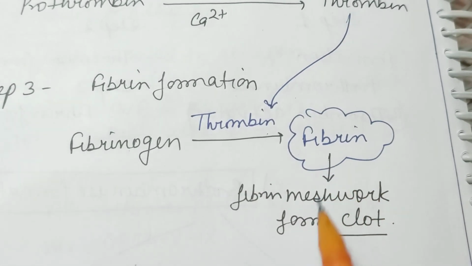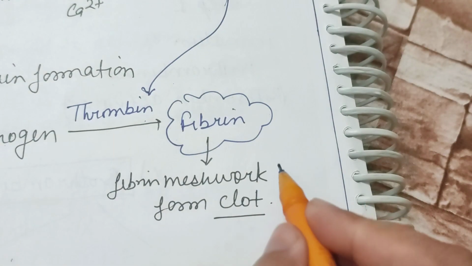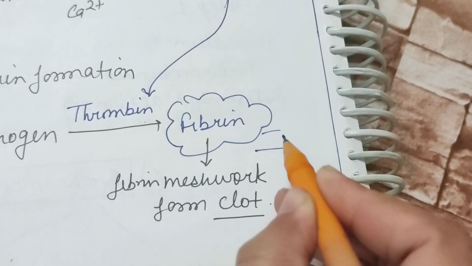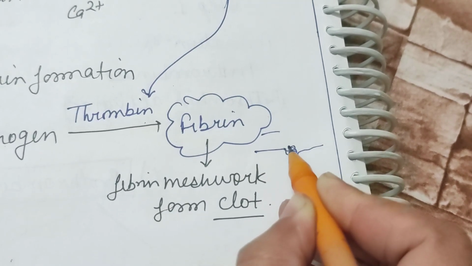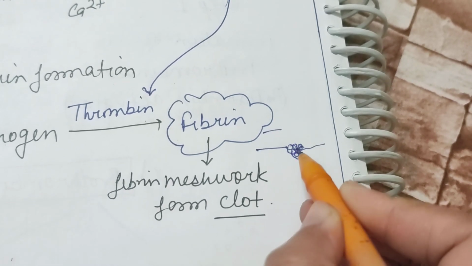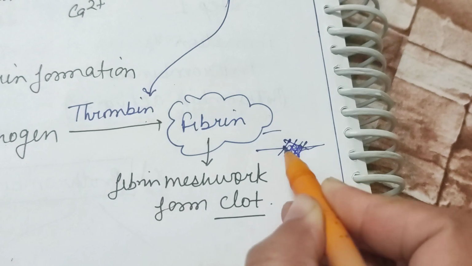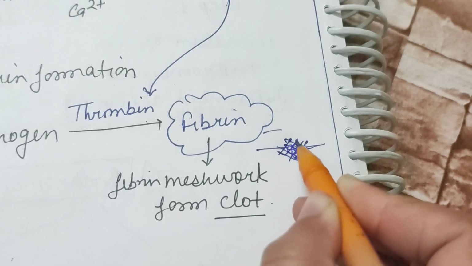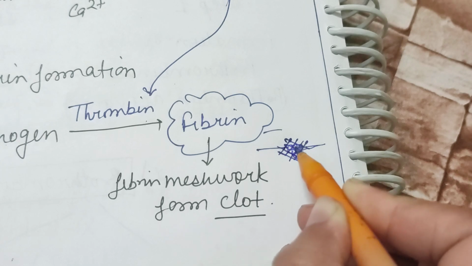So what is fibrin? Fibrin is basically a thread-like structure, which, if this was the damage, okay, there platelet aggregation occurs ultimately, and now what we need is the fibrin meshwork to form here, and basically macrophages clear out all the debris here.